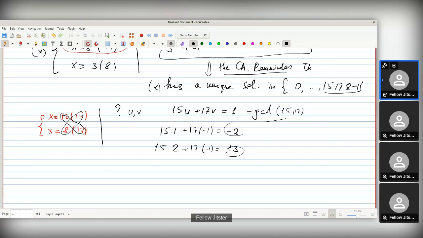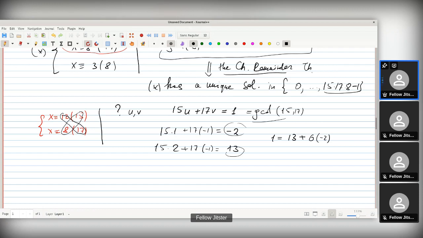And this one is even. Can we obtain 1 by adding together 13s and 2s? Sure. What is 1? 1 is 13 plus 6 copies of minus 2.